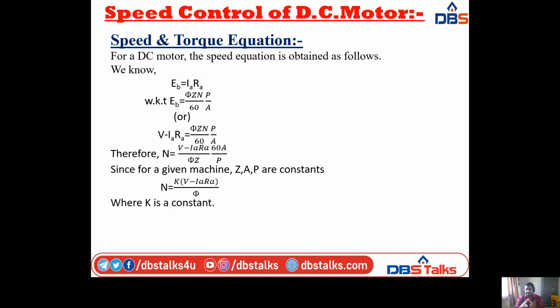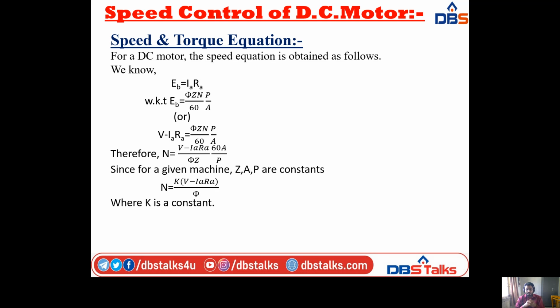Since for a given machine these three parameters Z, A and P are constants, we put them into the previous equation, N is equal to V minus IaRa by φZ into 60A by P. We write the equation as N is equal to K into V minus IaRa by φ.